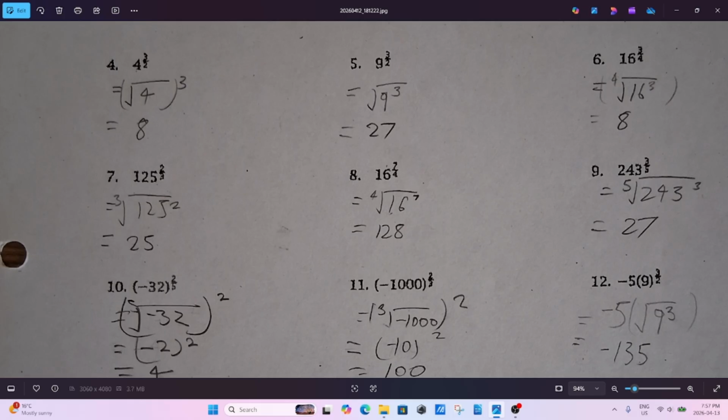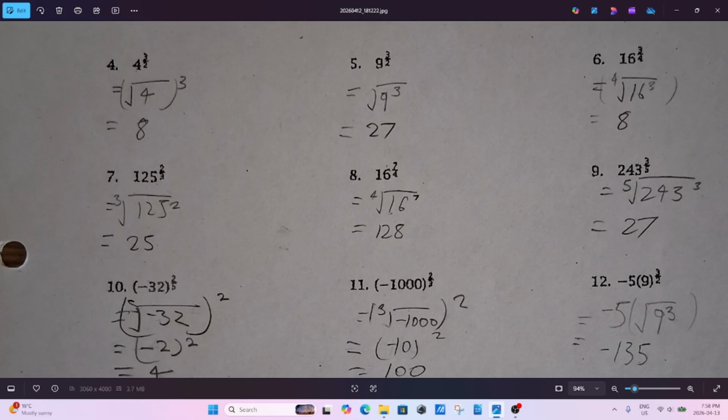16 to the 3 over 4 is just the fourth root of 16 cubed. So you would say what number times itself 4 times is 16, and that would be 2. So 2 times 2 times 2 times 2 is 16.